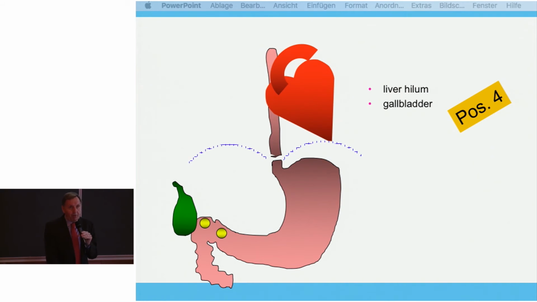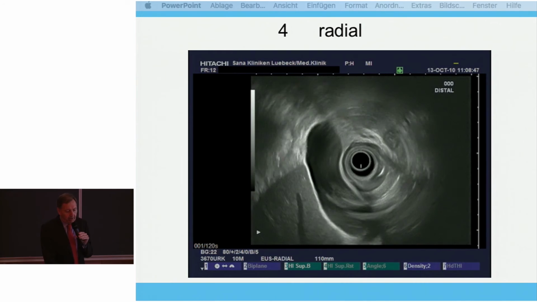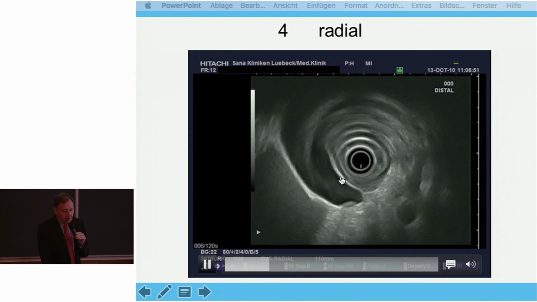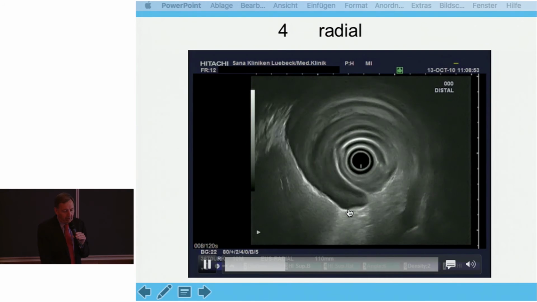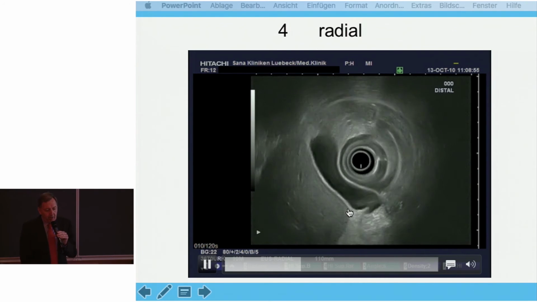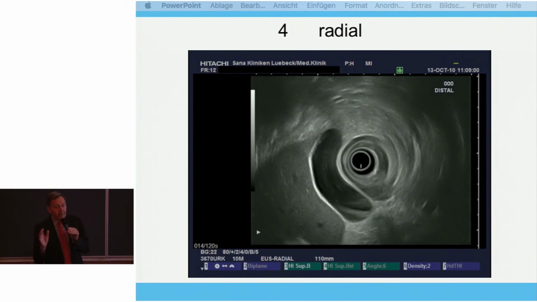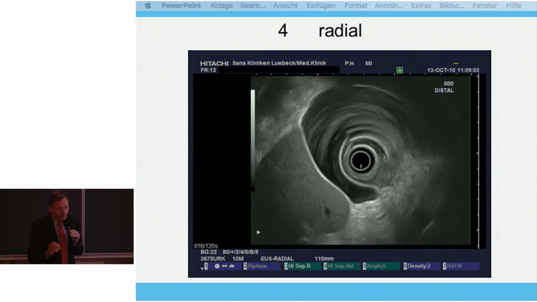Position 4 in the duodenal bulb is very easy because you normally have the liver hilum and the gallbladder. You see the gallbladder with the infundibulum here in the radial scanning. I think in the radial scanning it's sometimes easier to see the full gallbladder.